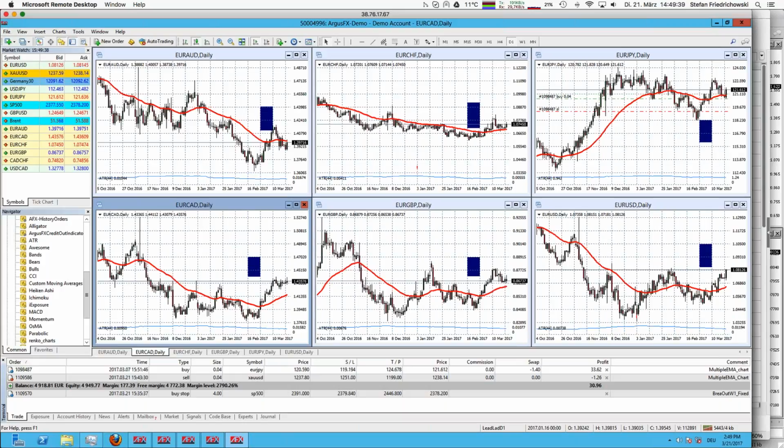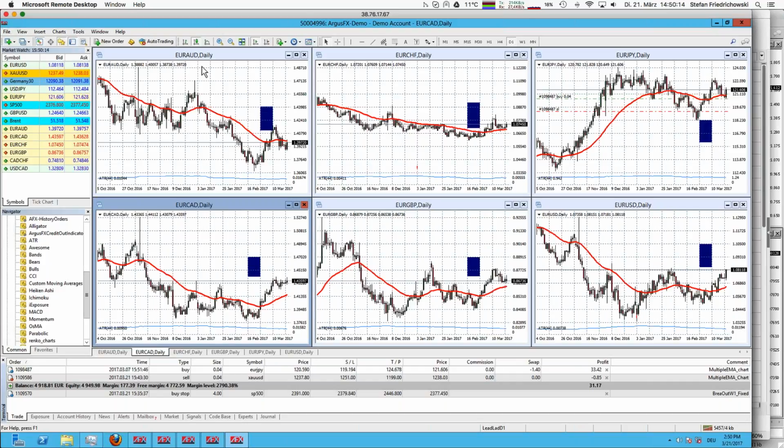And now the question is, which one is the one with the steepest downward slope? In this case it would be either Euro Australian dollar or Euro Japanese yen, looking just at the slope of the EMA. But looking at the overall chart behavior, Euro Australian dollar would be the best one.